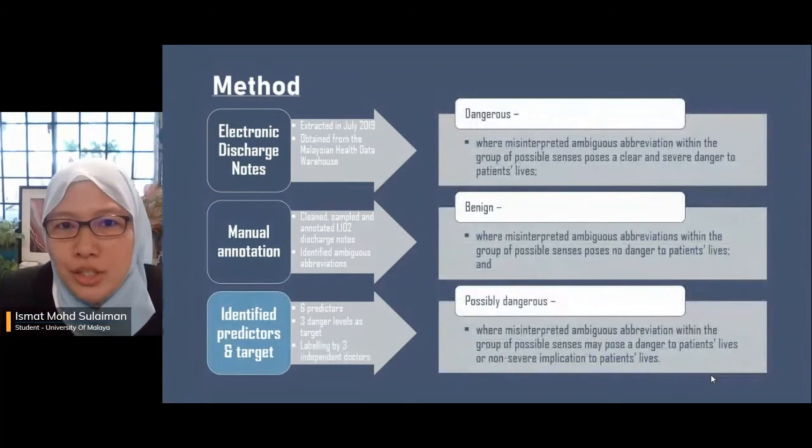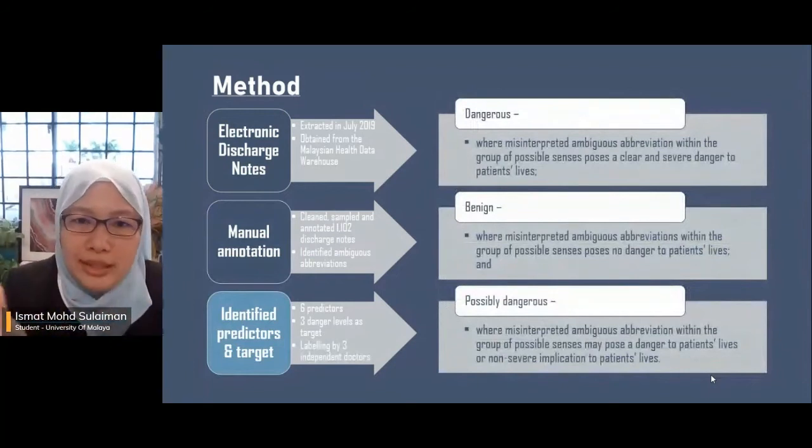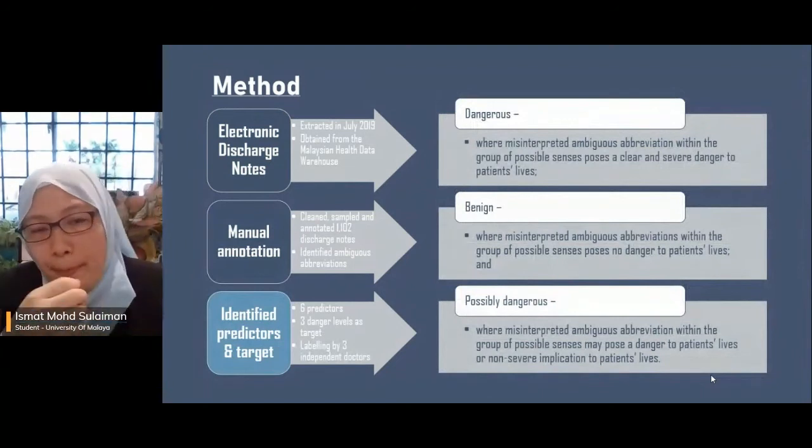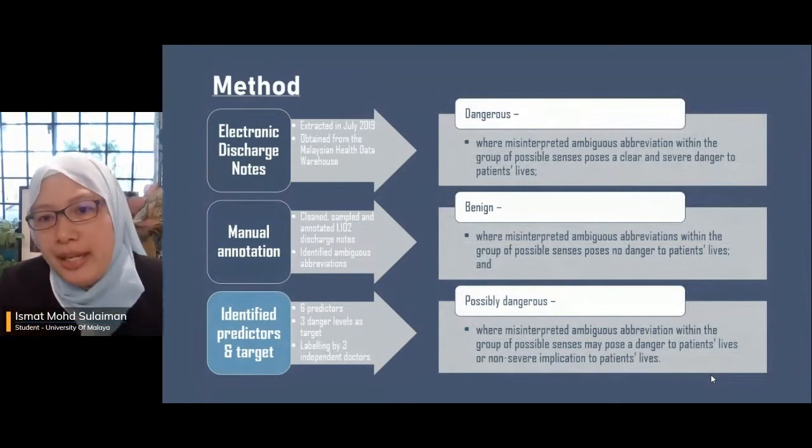So how do they define it? They label this independently, and after they finished, they adjudicate by consensus.